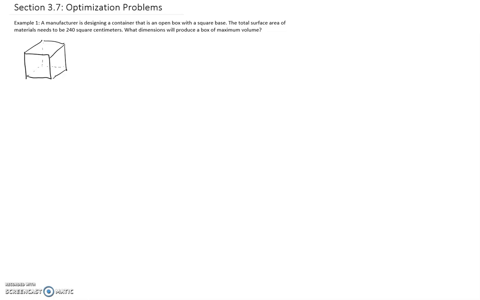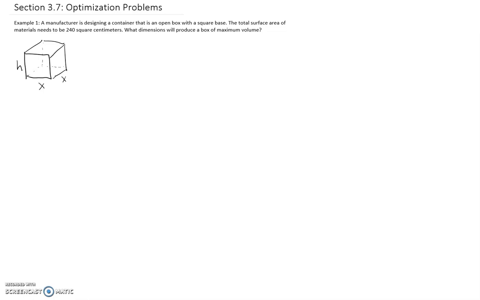So now that we have our picture, we can label some variables. Let's label this the height, h, but since there is a square base, both of the dimensions of the base will be the same, and we can call those x. Now we're going to figure out some formulas that can help us.